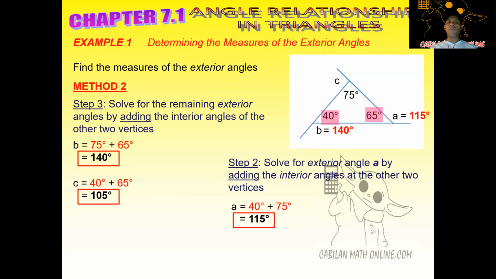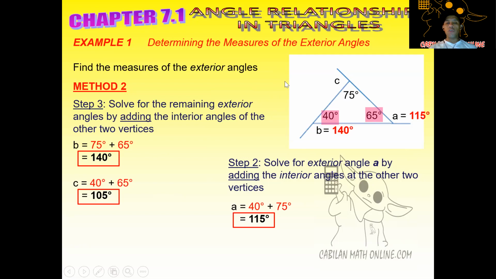All right, so you notice I presented to you two different methods to solve the same type of problem. Now, you're not always going to have all three angles. That's why it's important that you understand how this relationship works, because quite often, and you're going to see this in your package as well, you're going to see some questions where you only have the outside angle and the two angles inside the triangle on the opposite side.